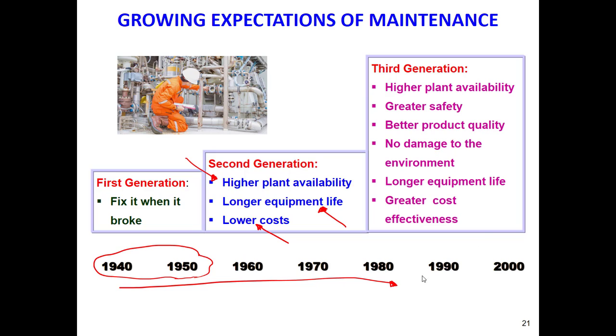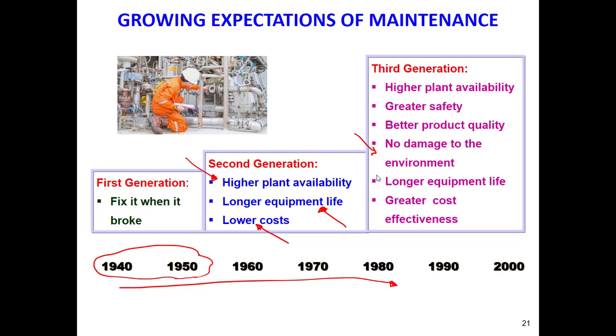And after that, in the recent years, in the last 20-30 years, the maintenance has been much more accurate, and it's been a bigger activity that is aimed to reach a higher plant availability, better safety, better product quality, no damage to environment, longer equipment life, and also less cost or more profit.